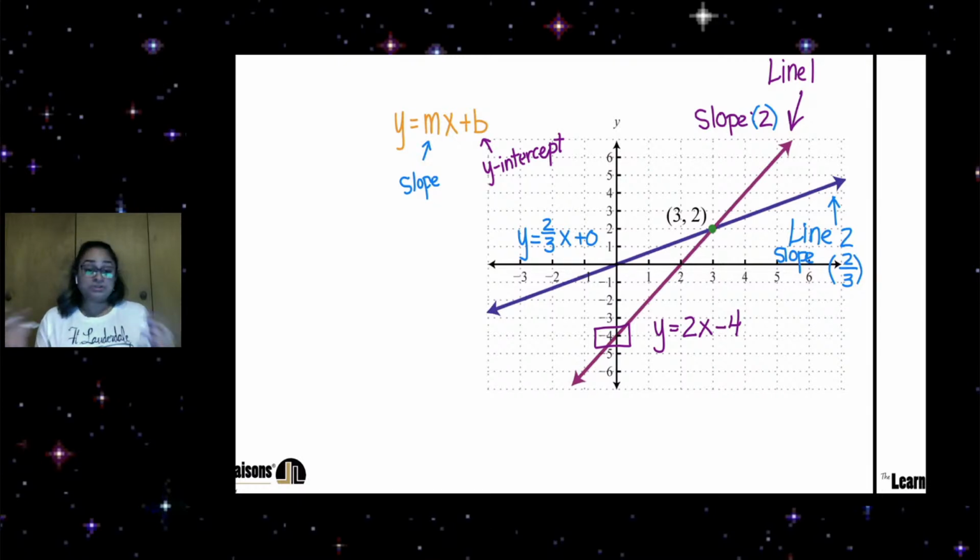So let's recap. That -4 in the equation here is the y-intercept. So it is where the line itself crosses through the y-axis.